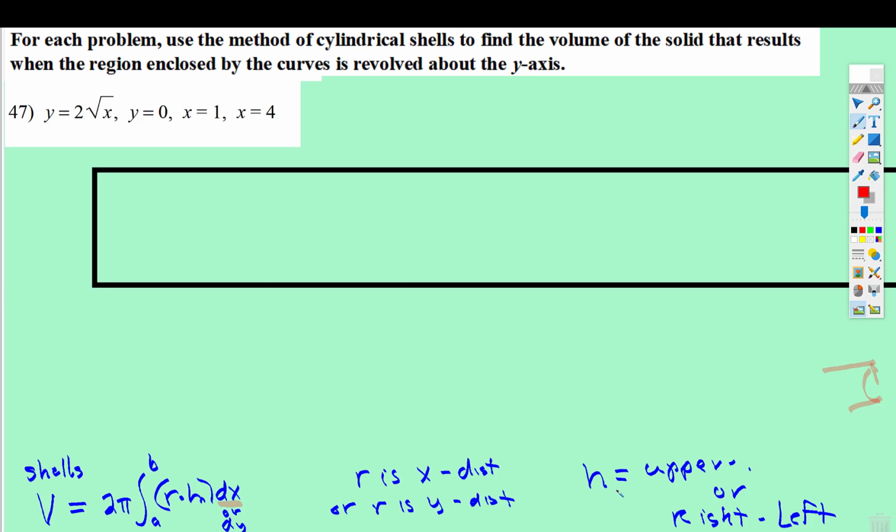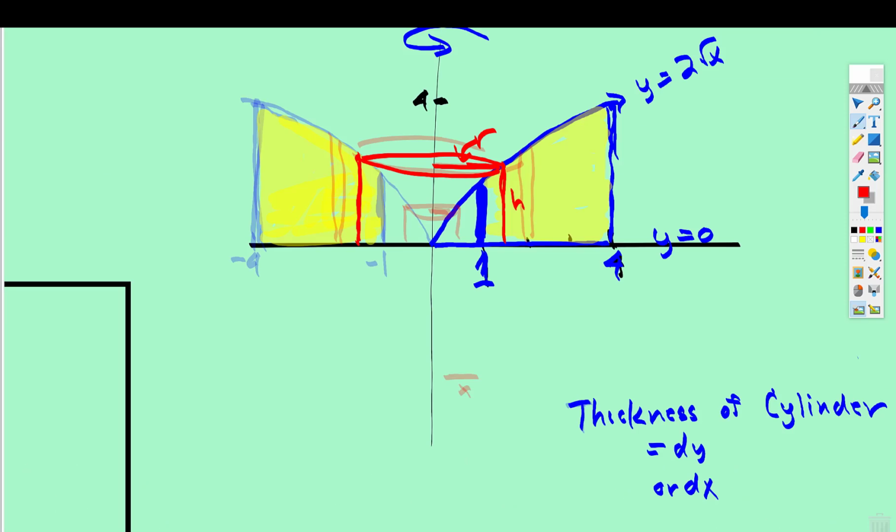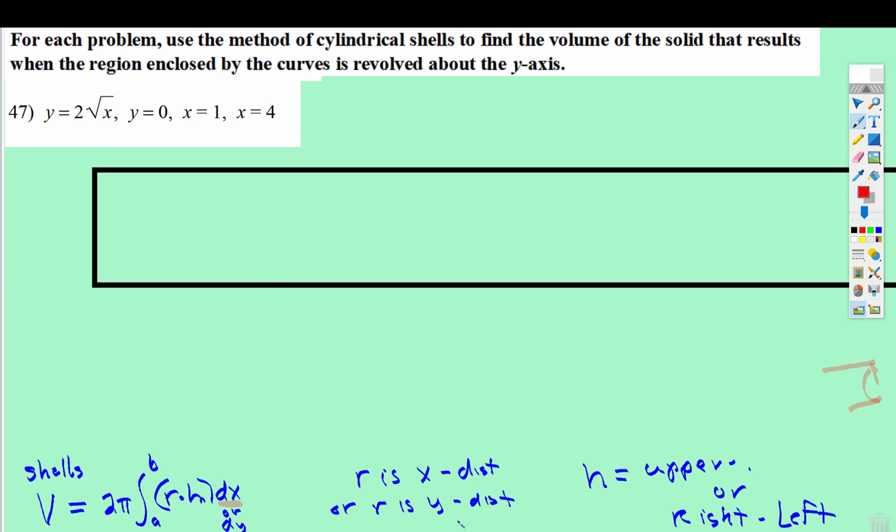And then the height, this height right here, is this upper function subtract the lower function. So when you have it like this, height is upper subtract lower, or right subtract left, and this is either going to be x or y, or if it's been shifted, it'll be x plus or minus a number, depending on which way it's shifted.